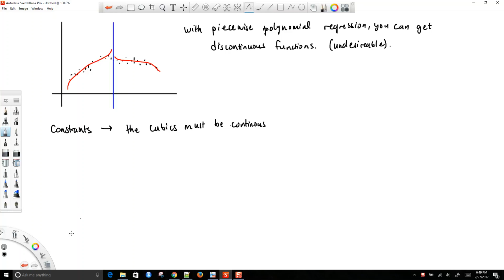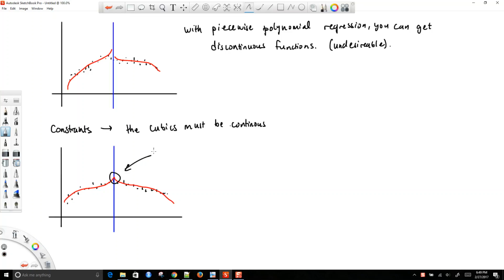Okay, and that can happen. Just making up my data again, you can get something that looks like this. They're touching now, but this still feels like it's not smooth, right?